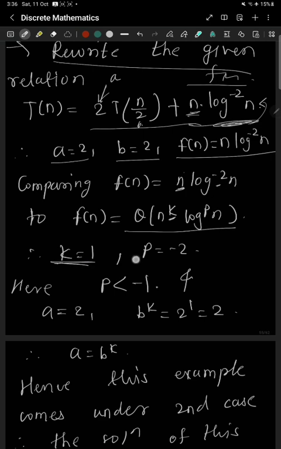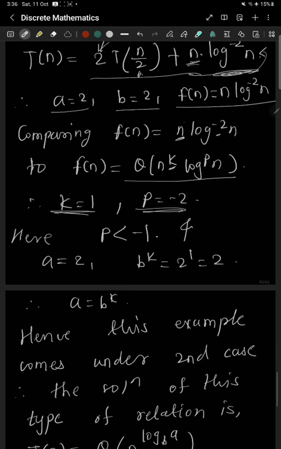Power of log is minus 2, hence p is equal to minus 2. Here minus 2 is less than minus 1, hence p's value is less than minus 1. Also a and b raised to k, a is equal to 2 and b raised to k is equal to, we have found that k is equal to 1 and b is equal to 2. Put that value, 2 raised to 1 is equal to 2, hence a is equal to b raised to k.